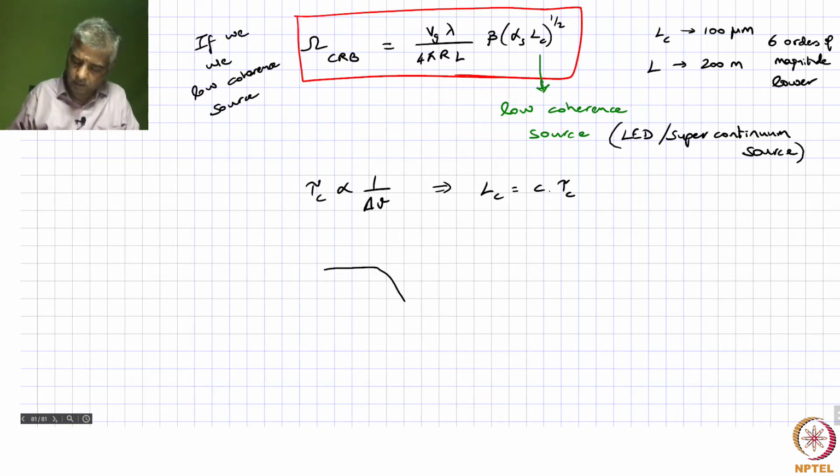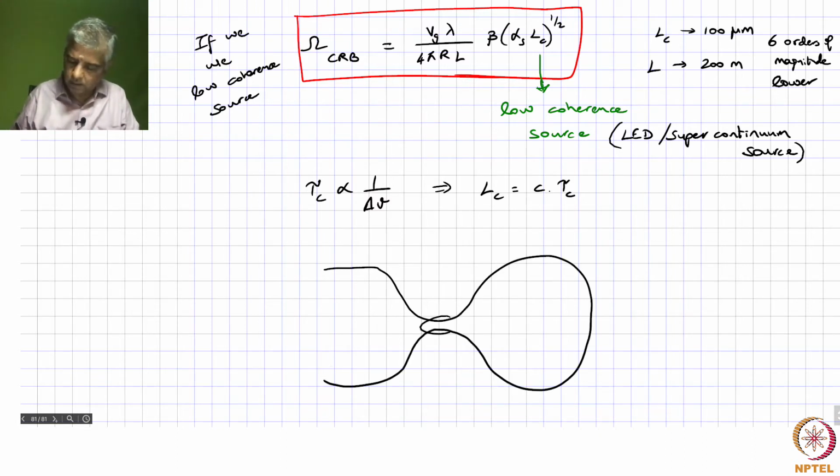What we are essentially talking about is, if you have a loop like this, right? So you are not picking up, by going for a low coherence source, if there is any backscattering from this location, that actually would not interact with the counter propagating wave, basically the CCW wave that's coming around here, right?